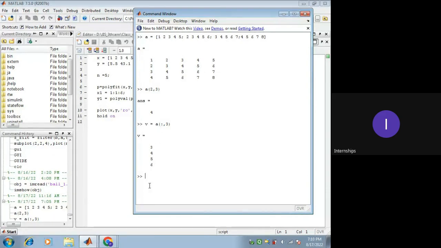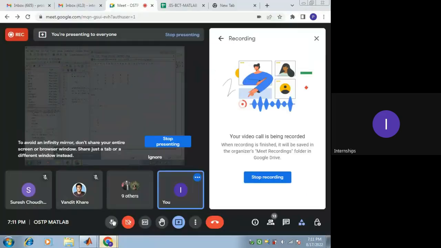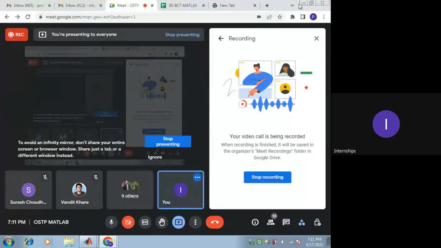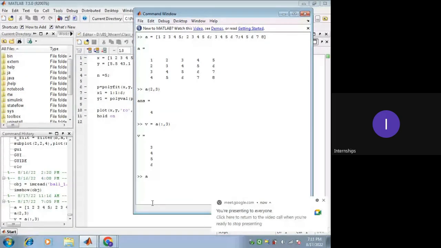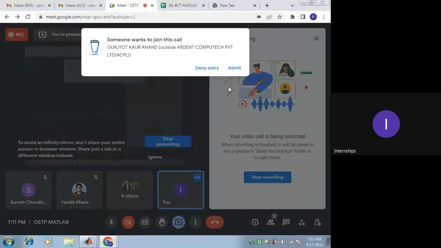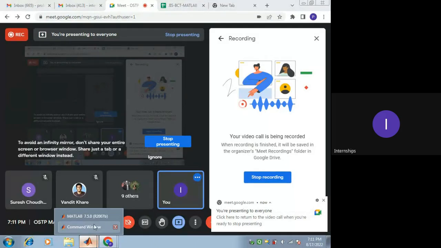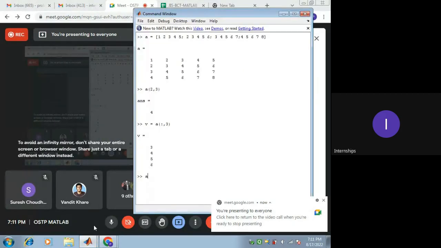And if we want to select any consecutive rows or columns, then we will mention in this way.